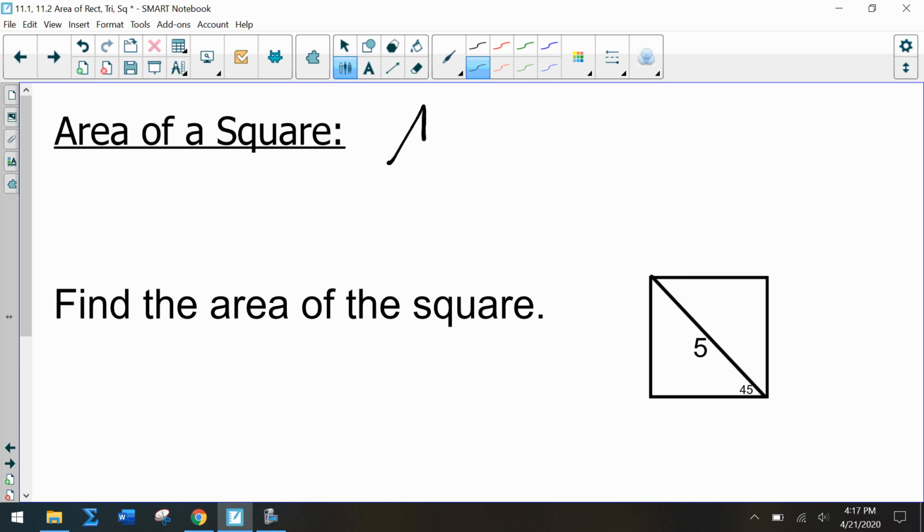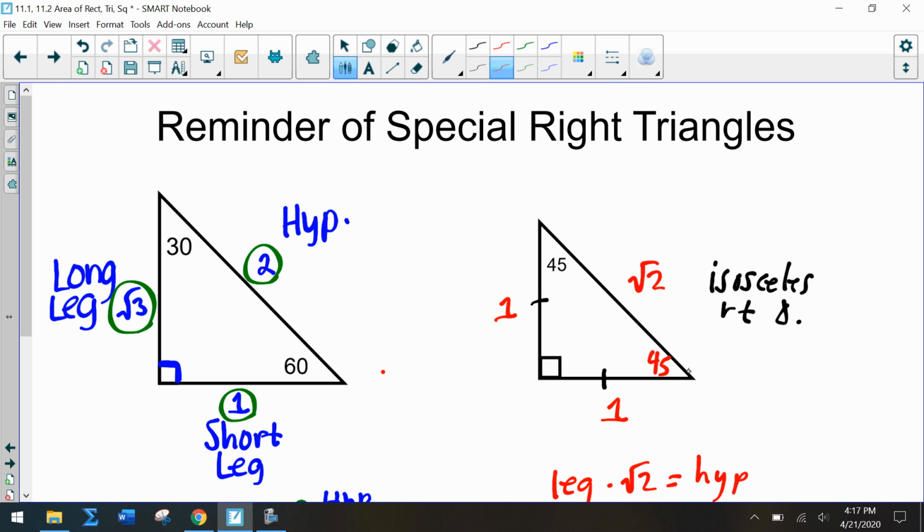Okay, so a reminder from yesterday, the area of a square is side squared. And then if we're trying to find the area of this square, notice how we are given a 45-degree angle and we're given 5. 5 is this diagonal. So you could go back to the previous slide. If we're given the diagonal, that's equivalent to our hypotenuse.